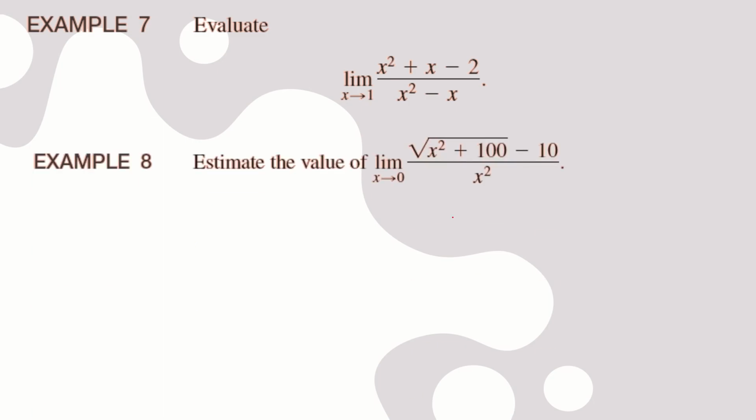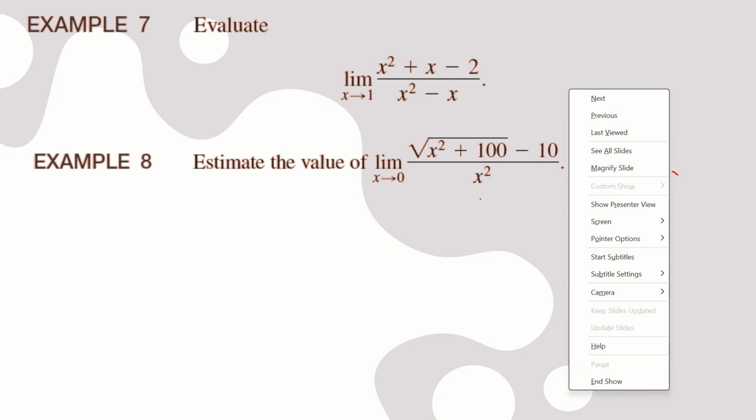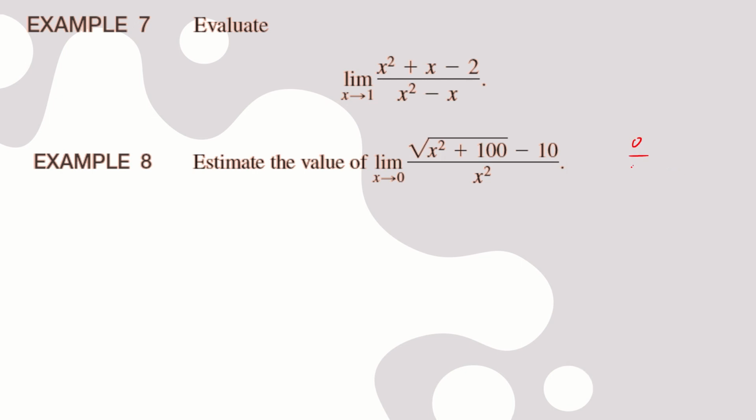If you talk about this one, in this case again if you put x equal to 0, what would happen, we are having again 0 by 0 if you want to find the exact value at x equal to 0. So whenever we have 0 by 0, let's check whether the function has any common factor. If not, then what do we do? We go for rationalization.